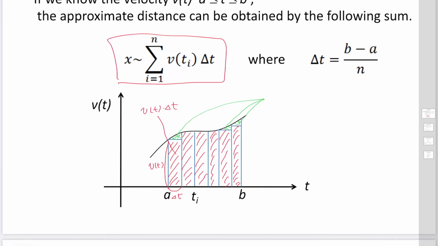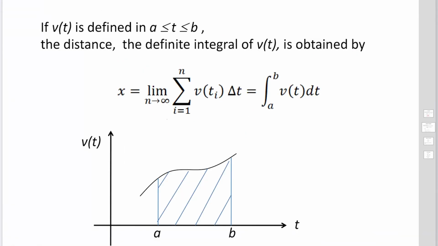Then how can I get the exact value of the distance? This part is exactly the same as the sum, but the limit is n going to infinity. This means delta t is approaching 0.